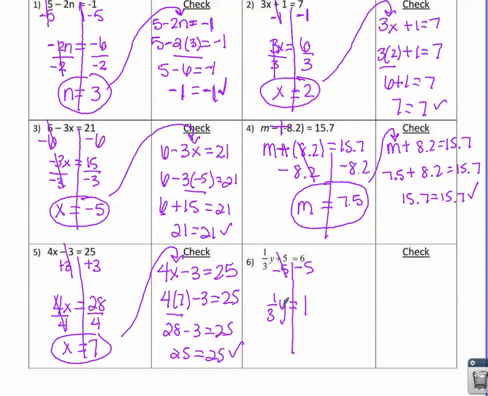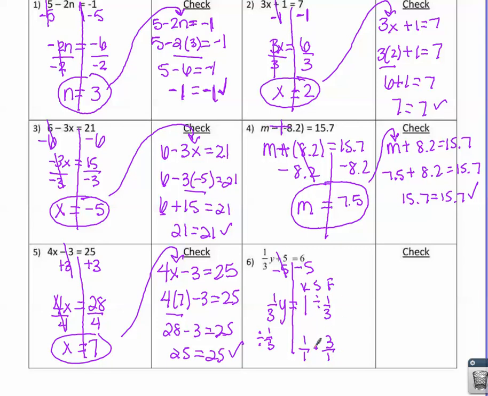This states 1/3 times y. So when we say take the inverse operation, generally you would divide by 1/3 on each side. If you remember when we looked at fractions, when we divided, we did keep, switch, flip. So we would keep the first fraction, switch the sign to multiplication, flip the second fraction.